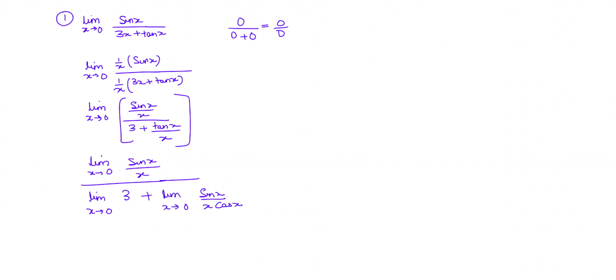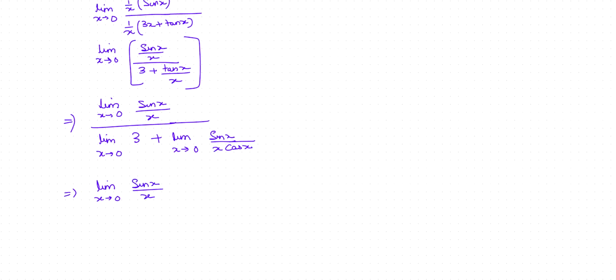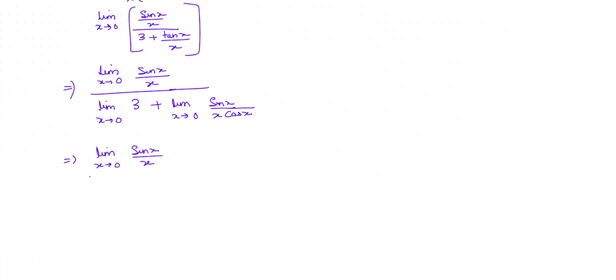Okay. So we can further write this as limit x tends to 0, sine x over x, and this gives limit x tends to 0, 3 plus this we can separate as a product of two limits.